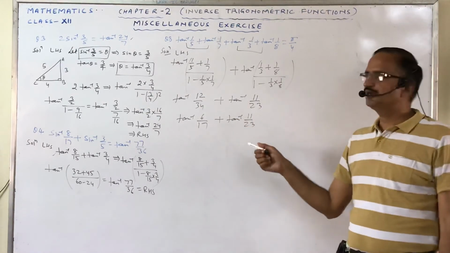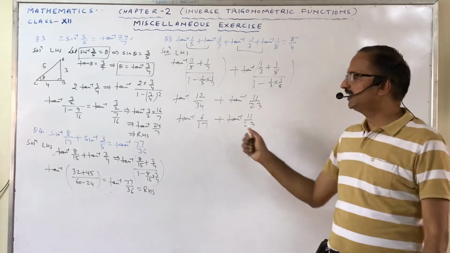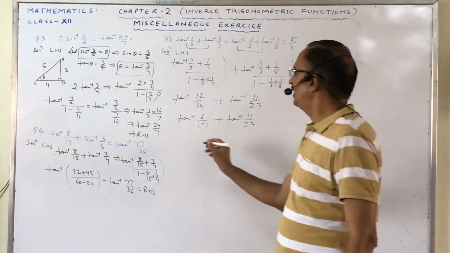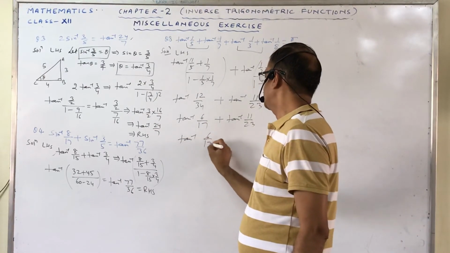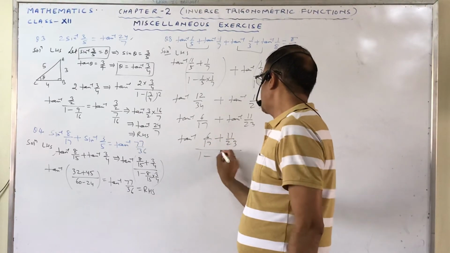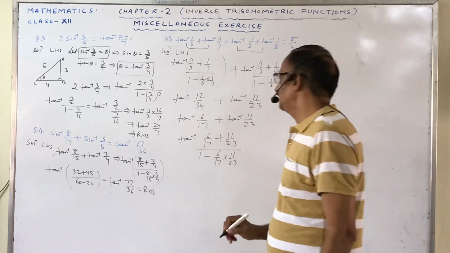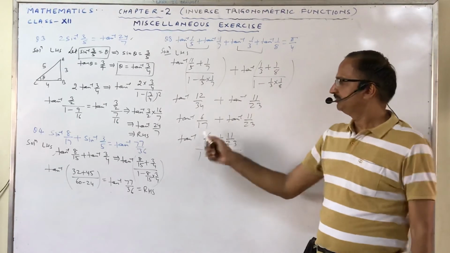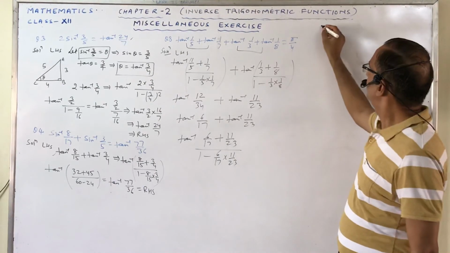Now again we will use the same formula as we have used in the first step, tan inverse x plus tan inverse y, and we will get tan inverse of 6 by 17 plus 11 by 23, upon 1 minus 6 by 17 times 11 by 23.